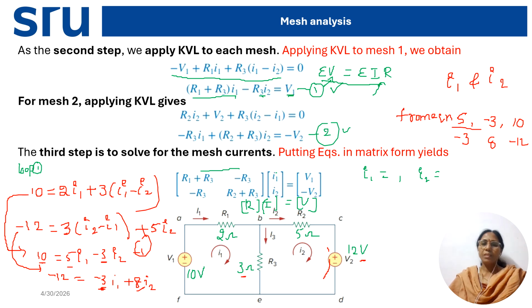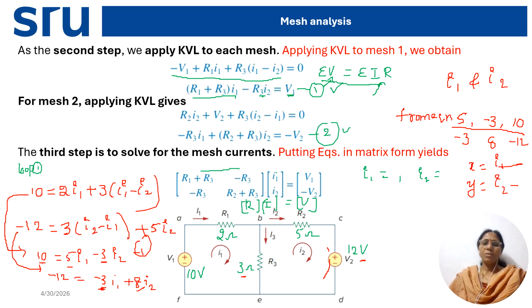If you enter all these elements, 5 equals, minus 3 equals, 10 equals, when you press equals it will move to the second row. Then minus 3 equals, 8 equals, minus 12 equals, then again press equals, and you will get the x value as your answer. What is that x value? The unknown parameter I1. Whatever number you get, that is your answer. And the y value in the calculator is your I2.